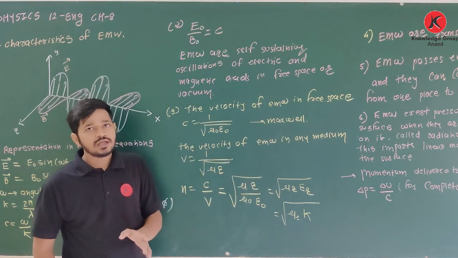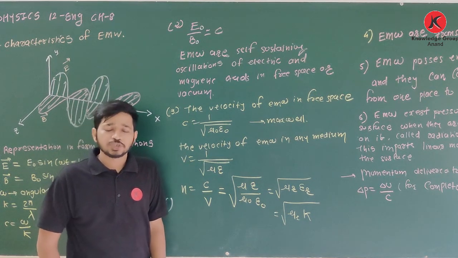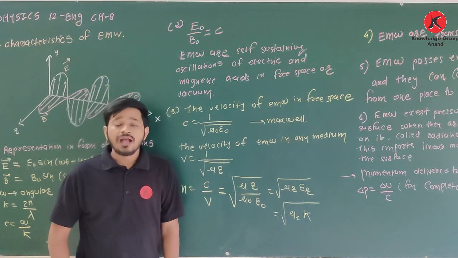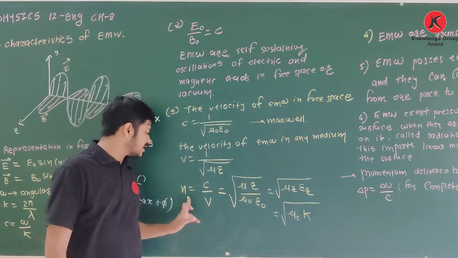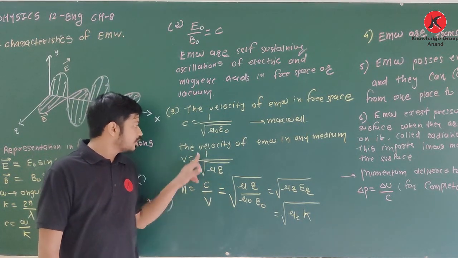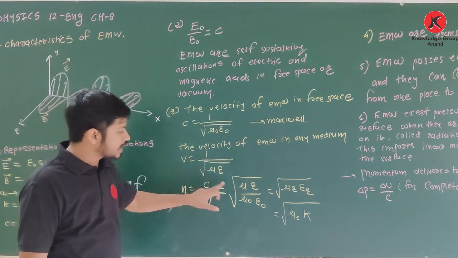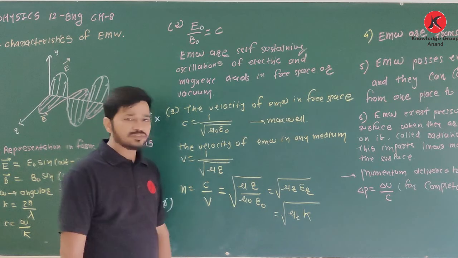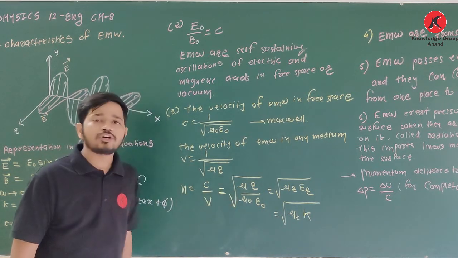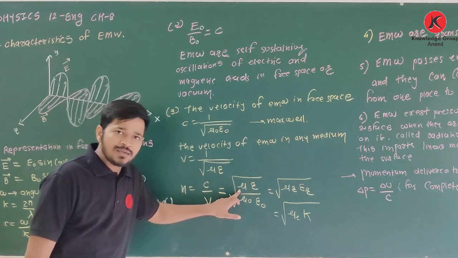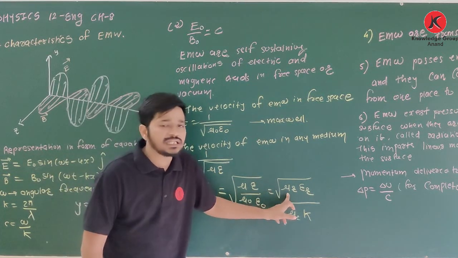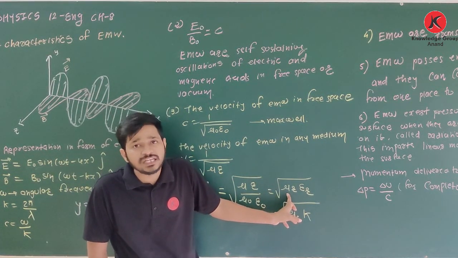Clear about this? Now remember ray optics, you know how to define the refractive index of a given medium. Refractive index of a given medium, n is equal to C upon V. So if you take the ratio of these two equations, under root mu epsilon upon mu 0 epsilon 0, mu upon mu 0, the permeability of the medium divided by the permeability of free space, is equal to the relative permeability of the medium.